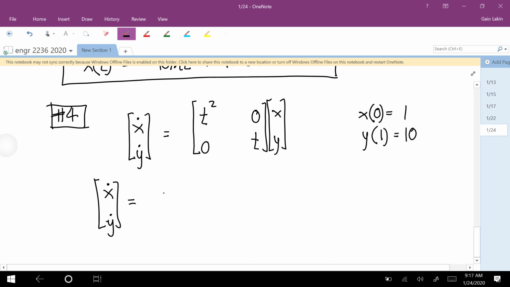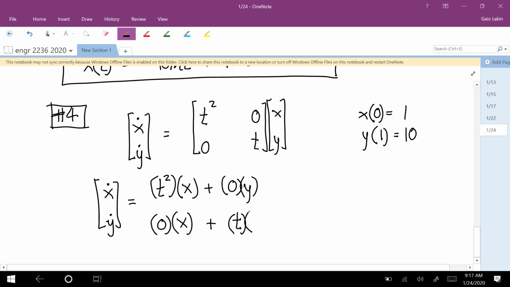So the dot product of t squared 0 with xy is t squared times x plus 0 times y. And the dot product of 0t with xy is 0 times x plus t times y. And so that comes out to be t squared x, ty.